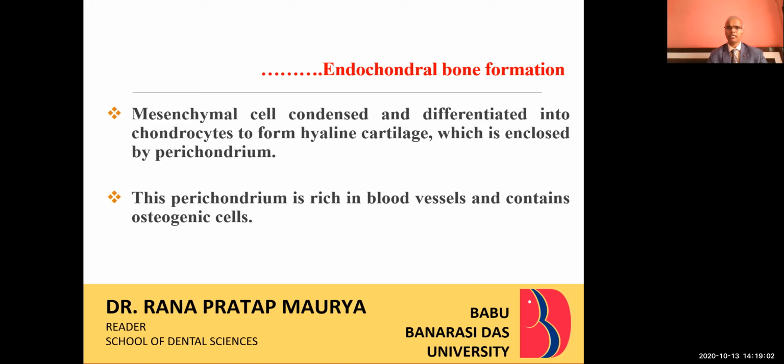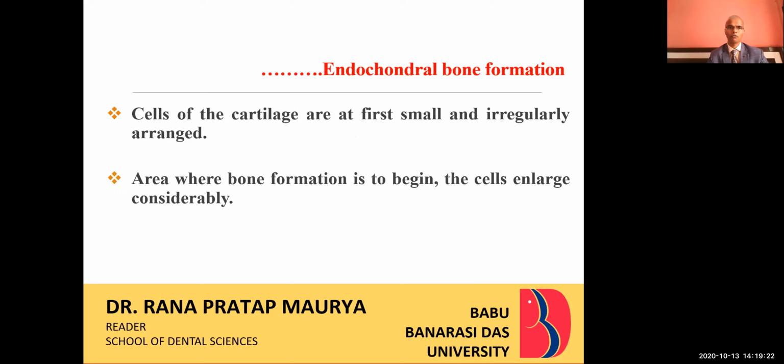This perichondrium is rich in blood vessels and contains osteogenic cells, which form osteoblasts, osteoclasts, osteocytes, and also fibroblasts. The cells of cartilage are at first small and irregularly arranged. In the area where bone formation is to begin, the cells enlarge considerably and then arrange in a regular manner.